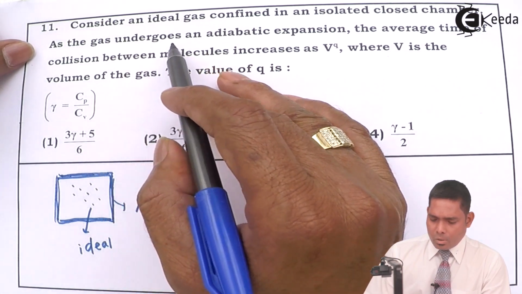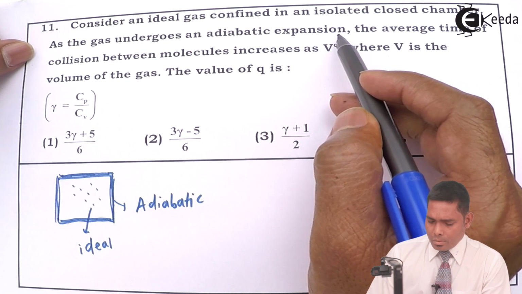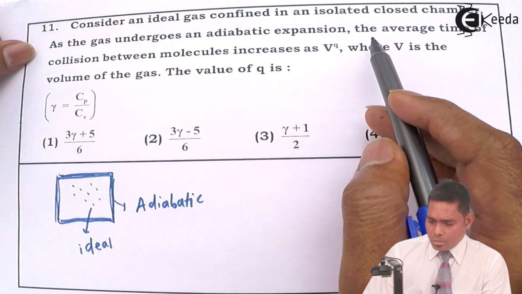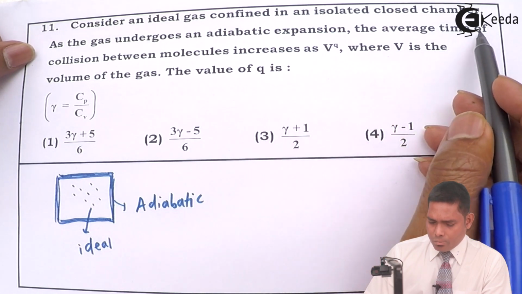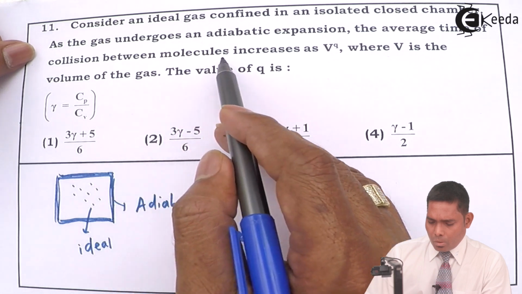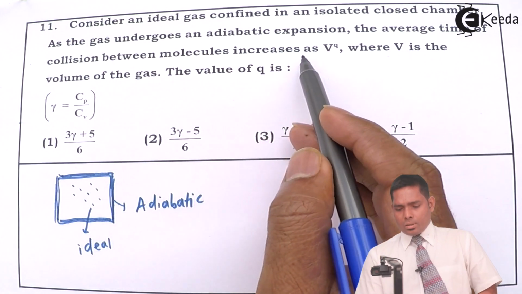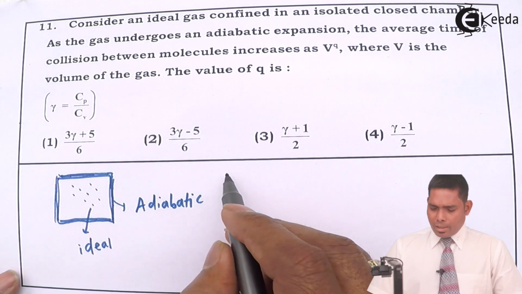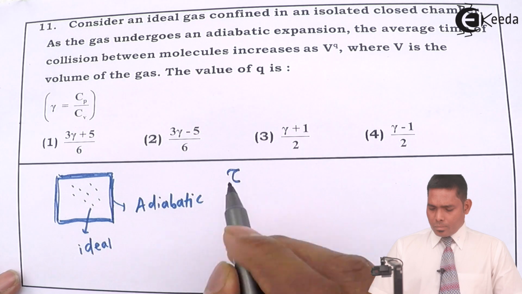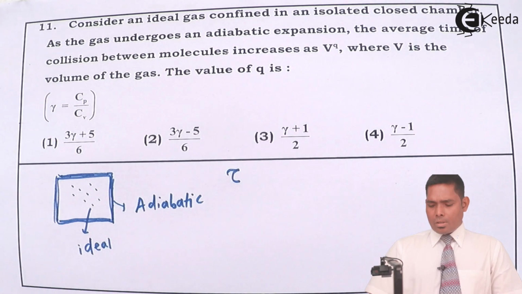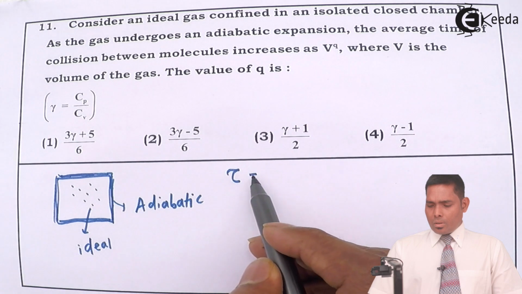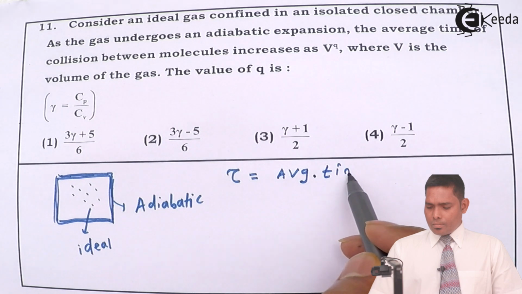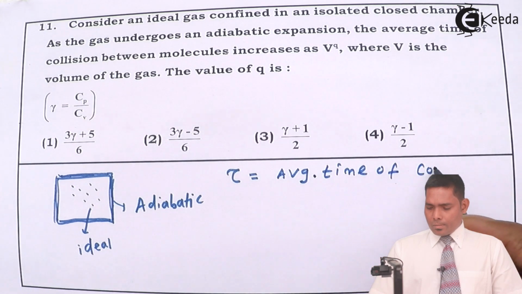As the gas undergoes an adiabatic expansion, the average time of collision between the molecules increases. The average time of collision is the relaxation time.